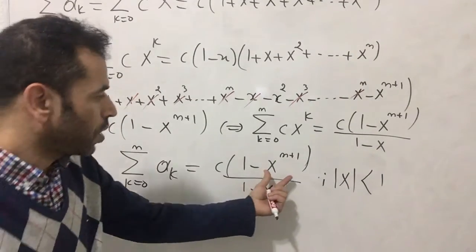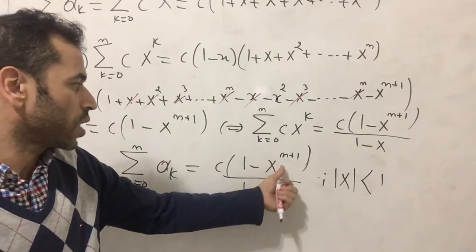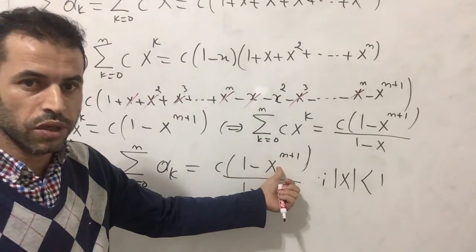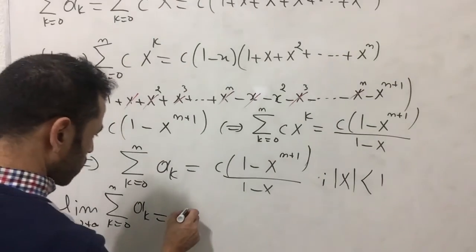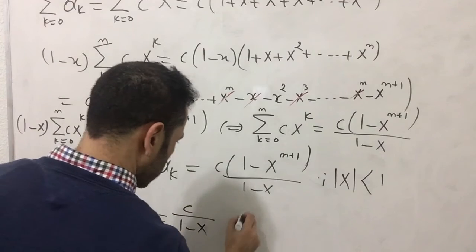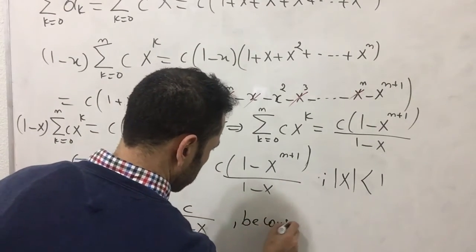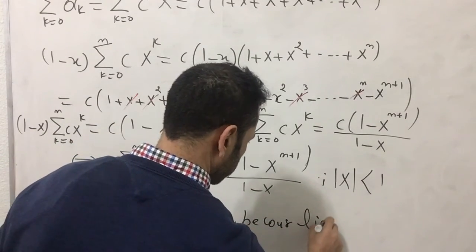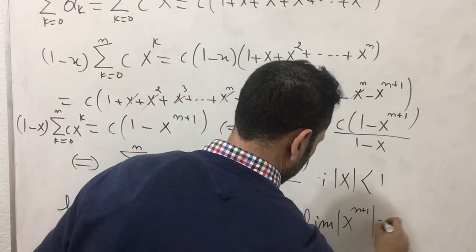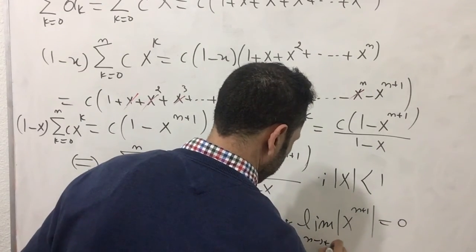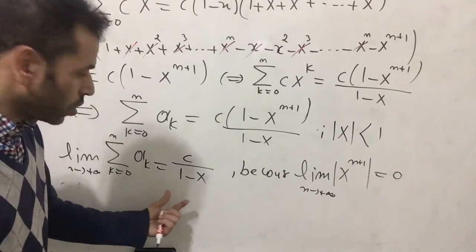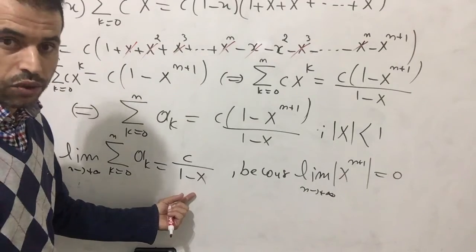Applying the limit on x to the n plus 1, this is tending to 0. So we will have c over 1 minus x, because the limit of x to the n plus 1 equals 0 as n goes to infinity. Thus, this series converges to c over 1 minus x.